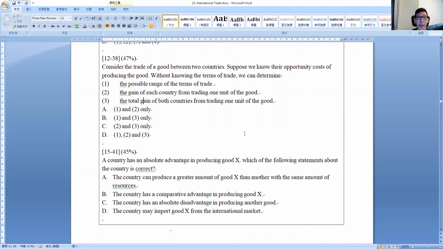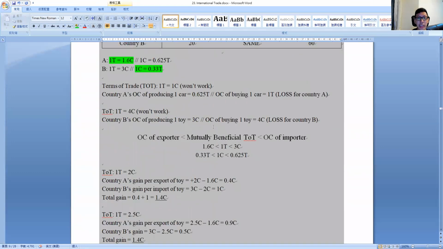So this is the way we determine. Now make sure you know this sentence, it's very important: the terms of trade should be between the opportunity cost of the exporter and importer. Remember, it's in between, it cannot be equal to either, because that would not be mutually beneficial.